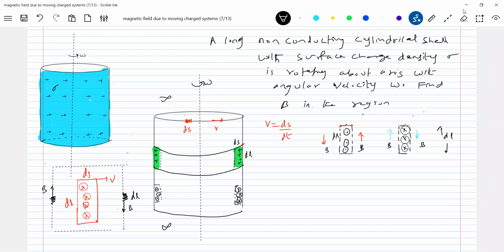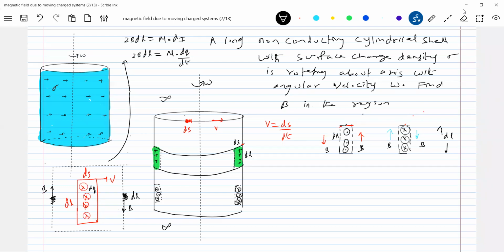So 2B dl equal to mu naught into dI. How much current is in that? Let it be dI. So what is dI? It should be equal to total charge enclosed here. Let it be dQ. So 2B dl equal to mu naught dQ by dt.